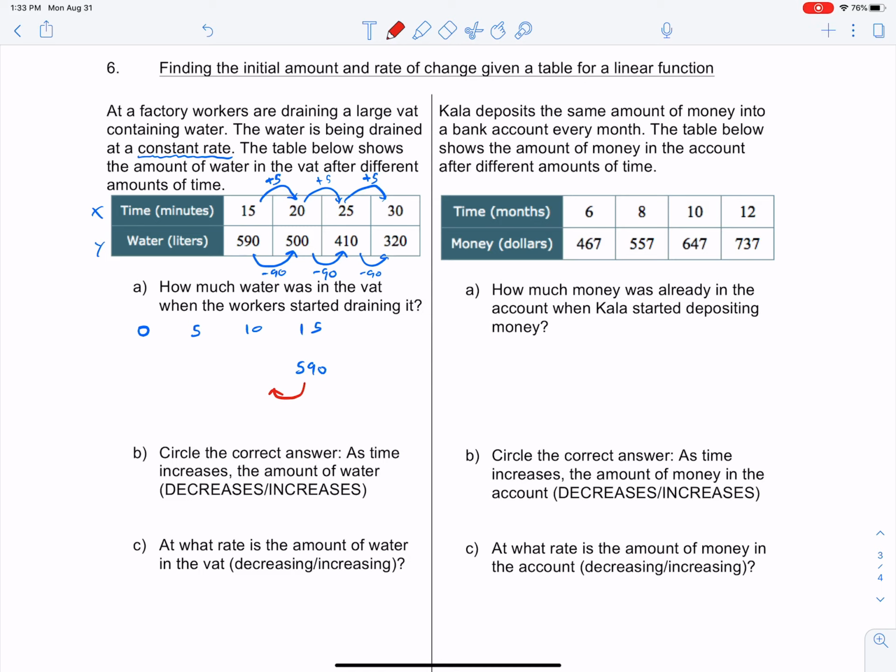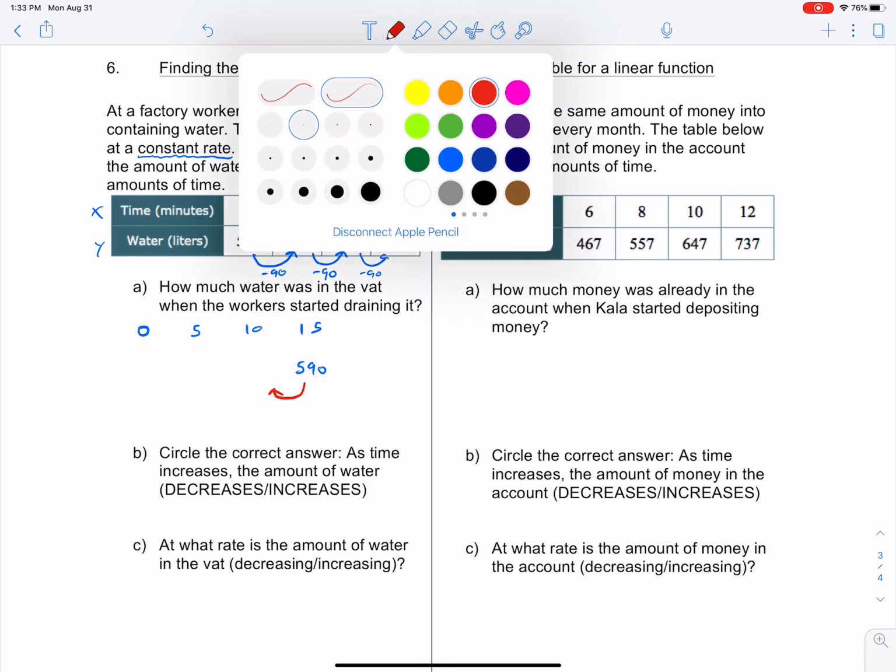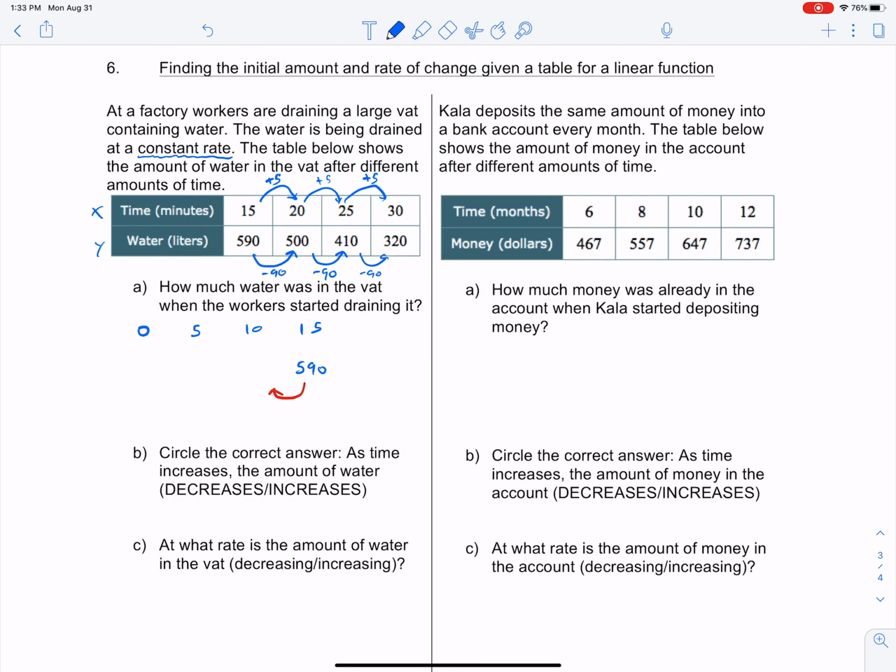Because we're losing water over time, but I need to fill it back up to figure out what we started off with in the first place. So this would be 590 plus 90 is 680. So we added 90. And then 680 plus 90 is 770.